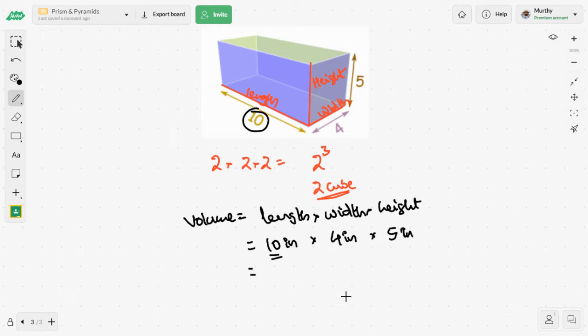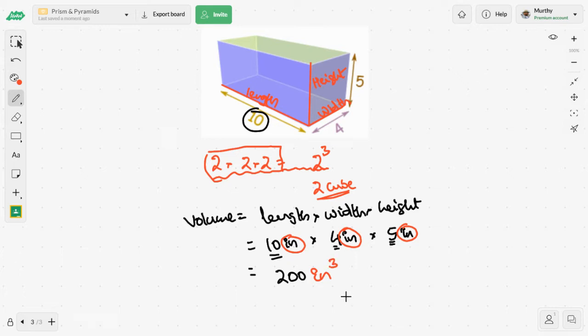So 10 times 4 is 40, 40 times 5 is 200. But here, the most important thing is inches times inches times inches. So inches is repeated 3 times. Like the example I quoted in the beginning, 2 times 2 times 2 equals 2 cube, here inches times inches times inches equals inches cube.